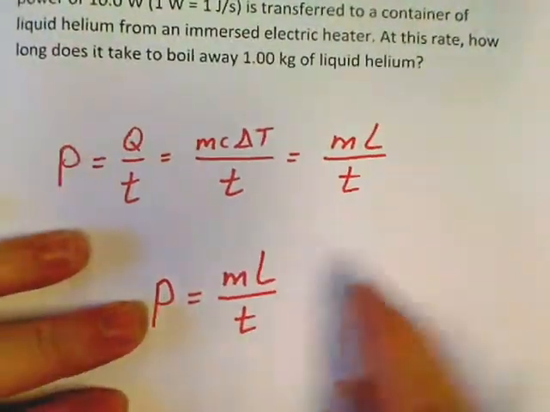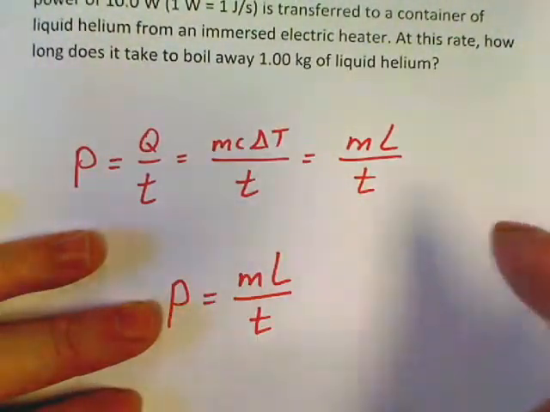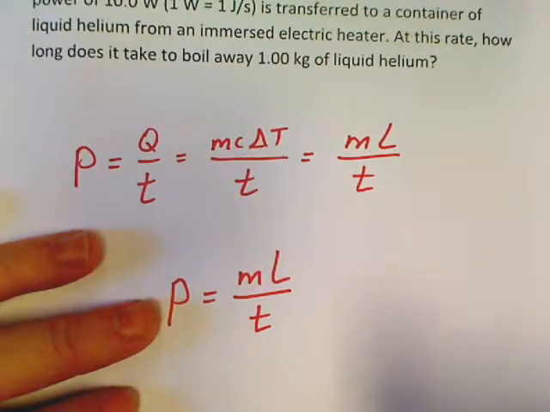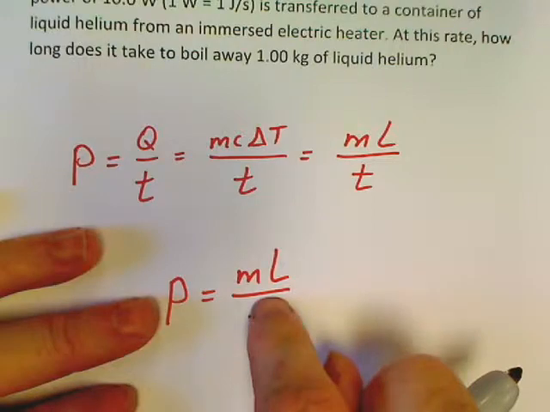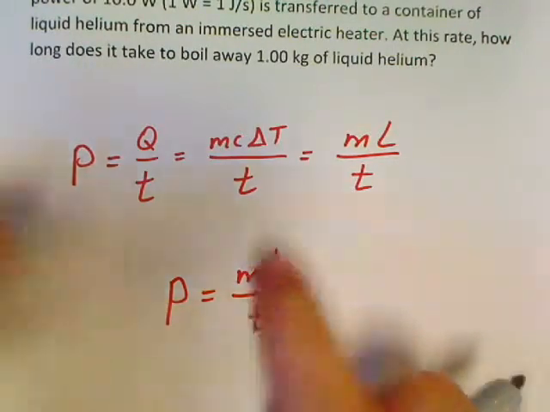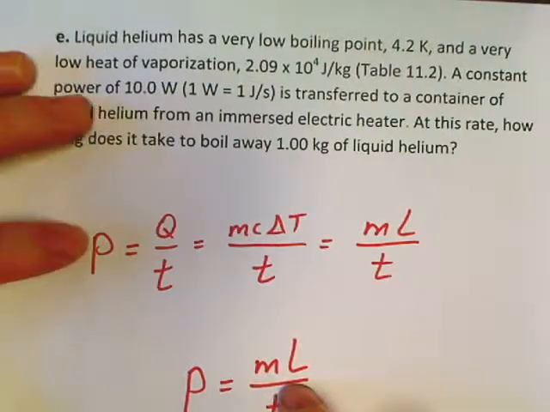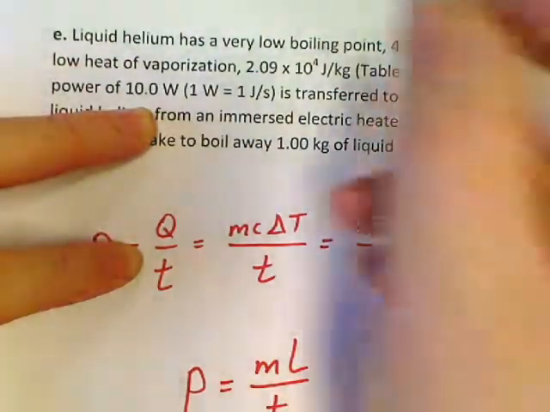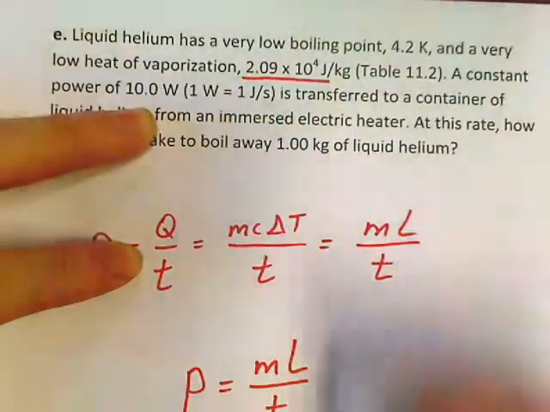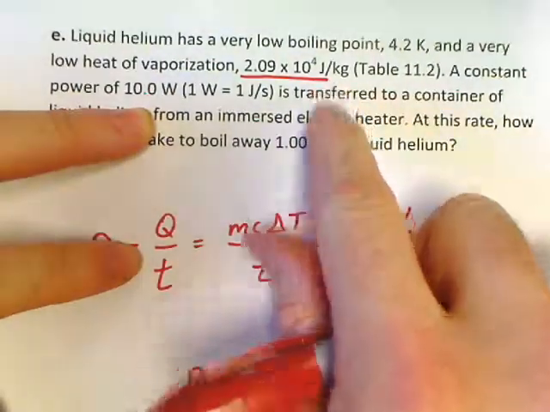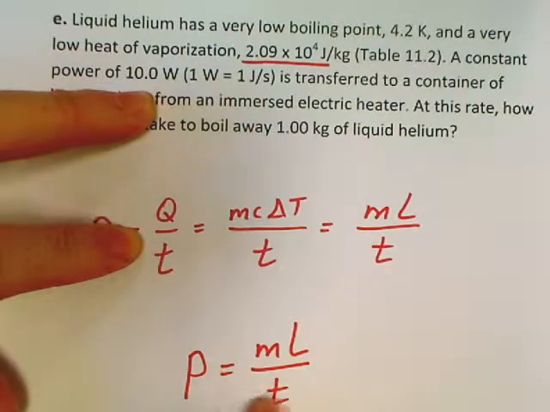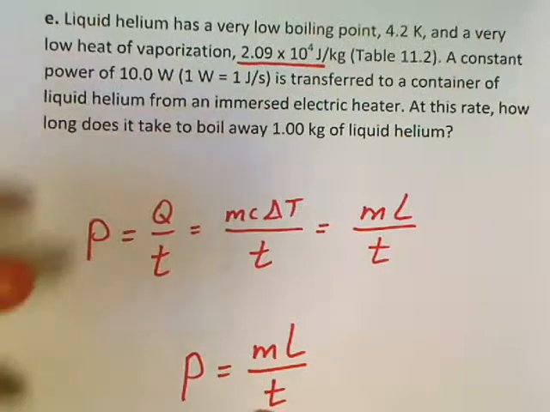And by the way, just like in those other problems, you can make mc delta T equal to all these different things. You can do the same thing in this one. You can make mL equal to 1/2 mv squared if you wanted to. But anyway, this question is giving us an L_v, in joules and kilograms, which is good, because in this problem we've got to be in joules and kilograms.